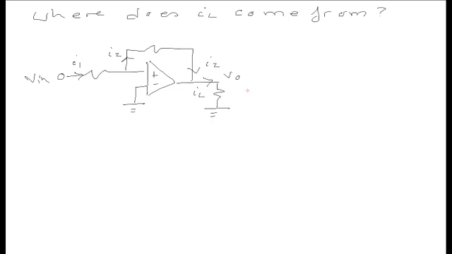Now, remember this was a 100 ohm resistor, this was 2000, and this was 1000. My expression for I2 was negative Vout over R2.